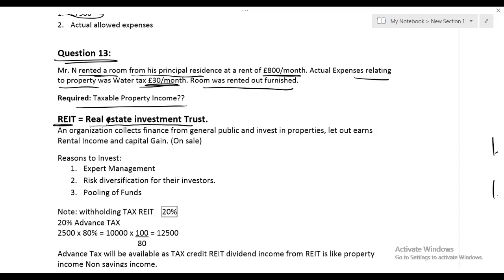Repeat. Let's say your examiner is saying in the question that Mr. X has received a dividend of 10,000 from a real estate investment trust. Then you are not supposed to trust your examiner. It is not a dividend. This dividend will be treated as a property income, and obviously property income is a non-saving income.